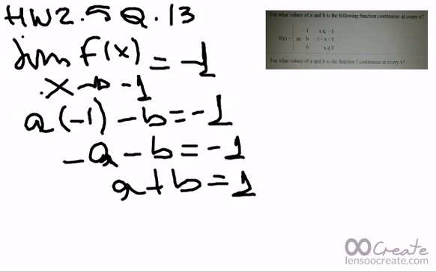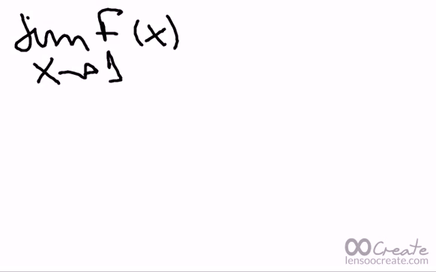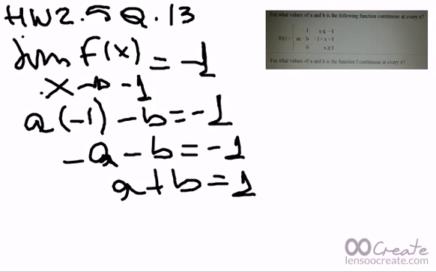Then, for the second one, I'm going to use the same idea but with the third function. At that point we know that the limit of f(x) as x approaches 1 is 6. The limit of f(x) as x approaches 1 can also be described, based on our second function, as ax minus b.